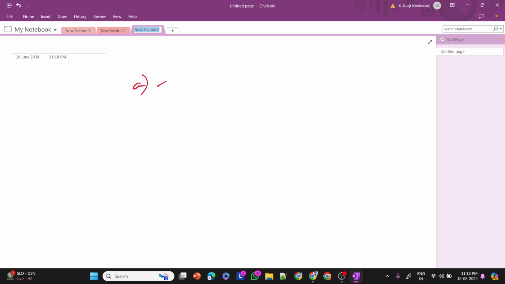One is entropy and Gini impurity. And the second one is information gain.